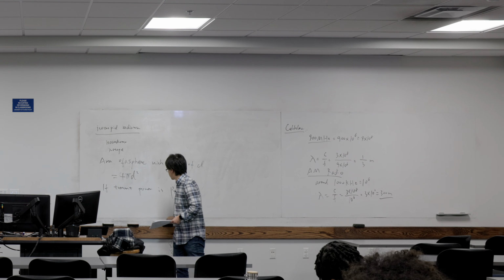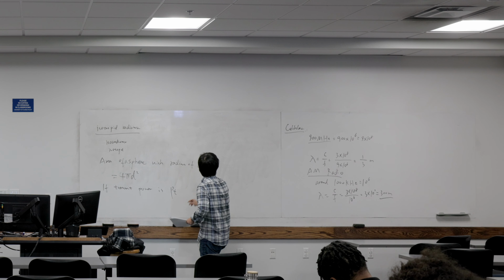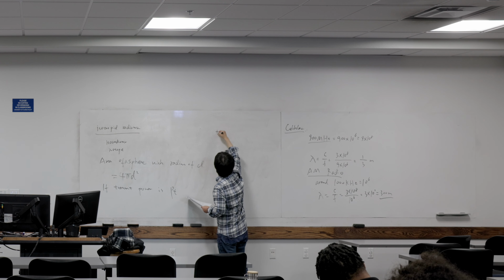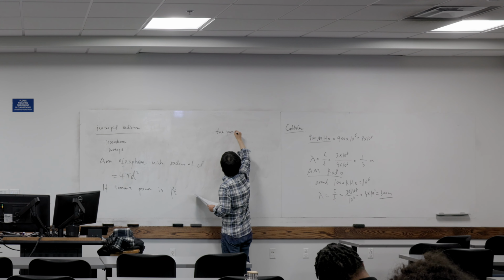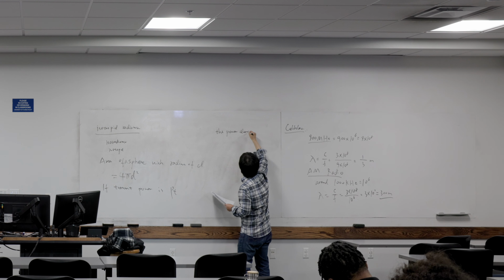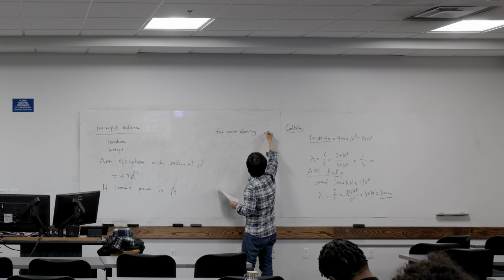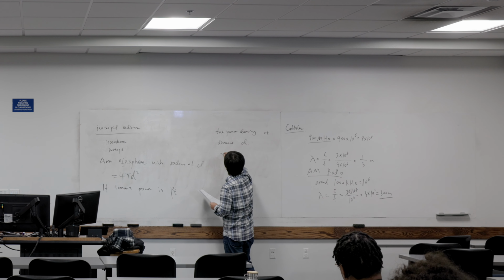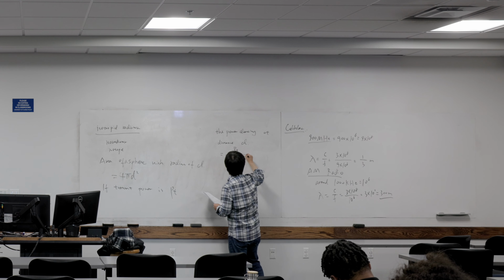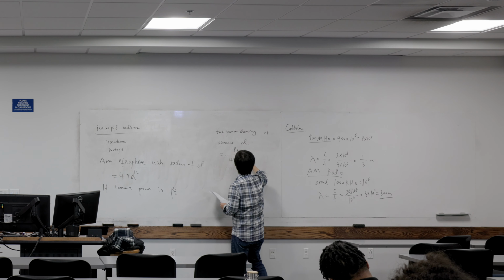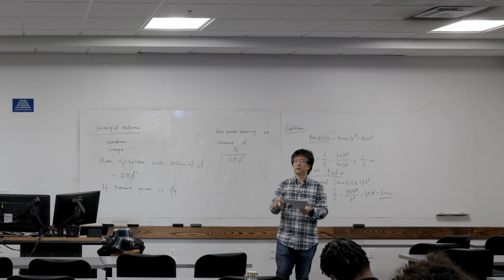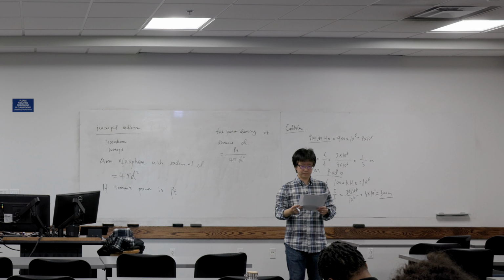So if the transmit power is PT, then we know the power density at the receiver, at a distance of d, will be equal to PT over 4 pi d squared. So the power divided by the area, that will be the power density per unit area. Okay?